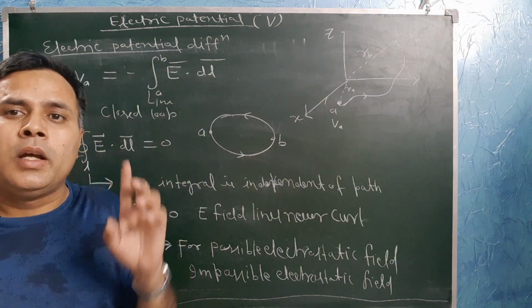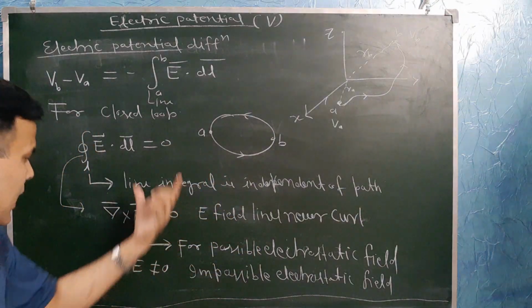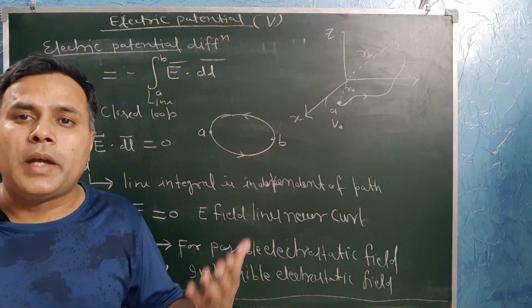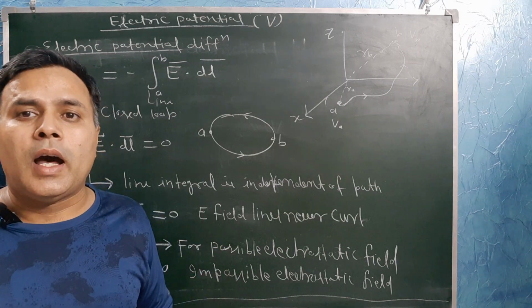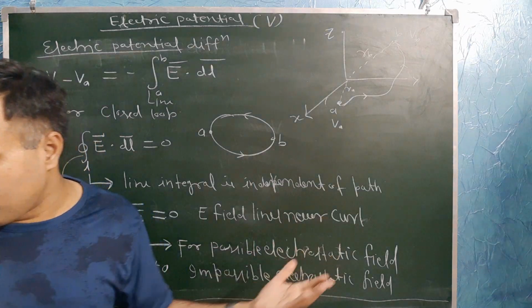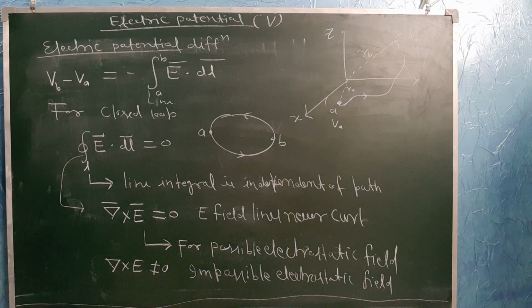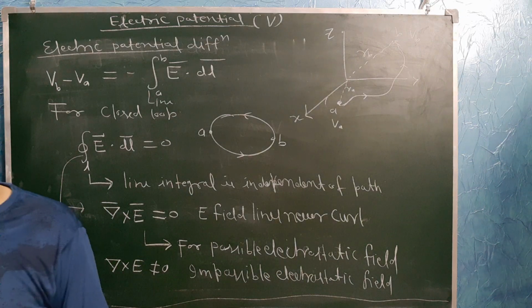It is a field, but with the help of this expression we can recognize whether the given field is electrostatic or not. So this is another way to analyze the concept of electric field and field lines.